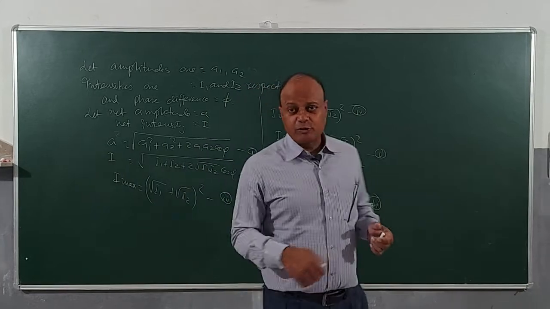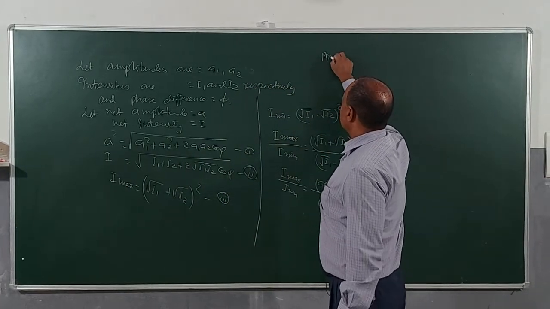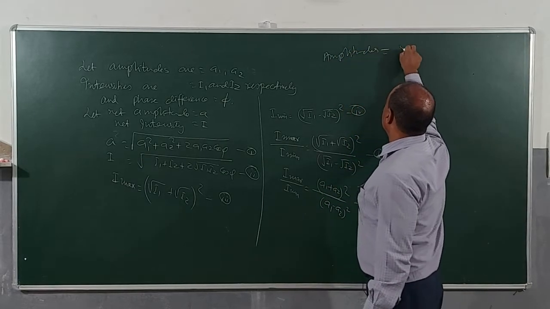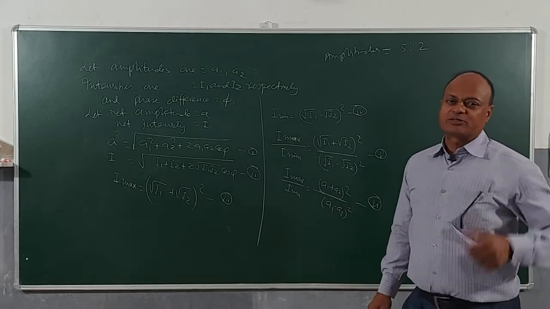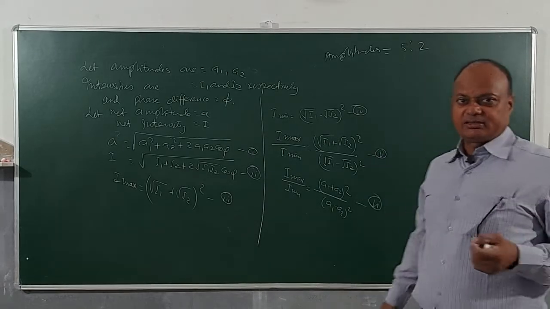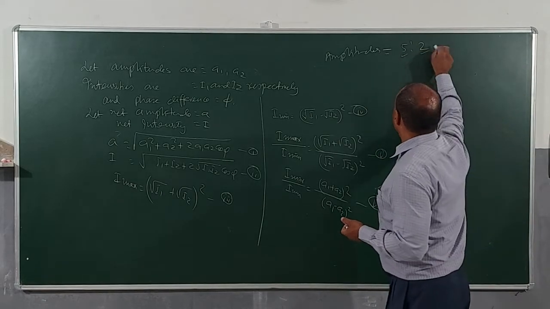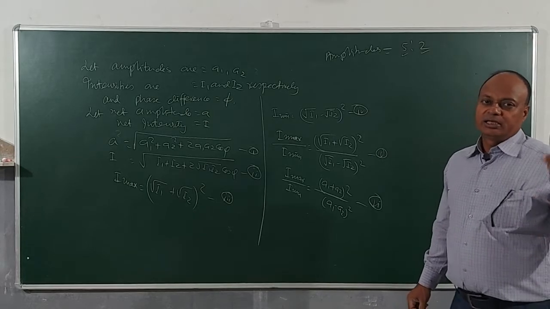Clear? Now suppose they give you a problem that the amplitudes are in the ratio of 5:2, and they ask you what will be the ratio of maximum and minimum intensities.